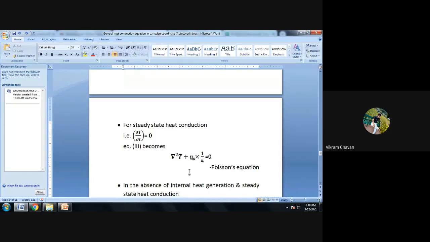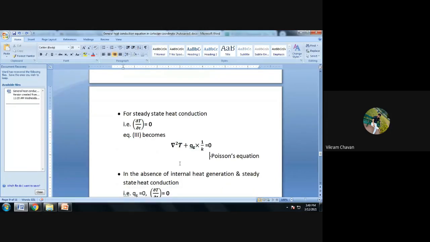Getting everyone? So write down the next form of the general heat conduction equation, that is for steady state heat conduction.